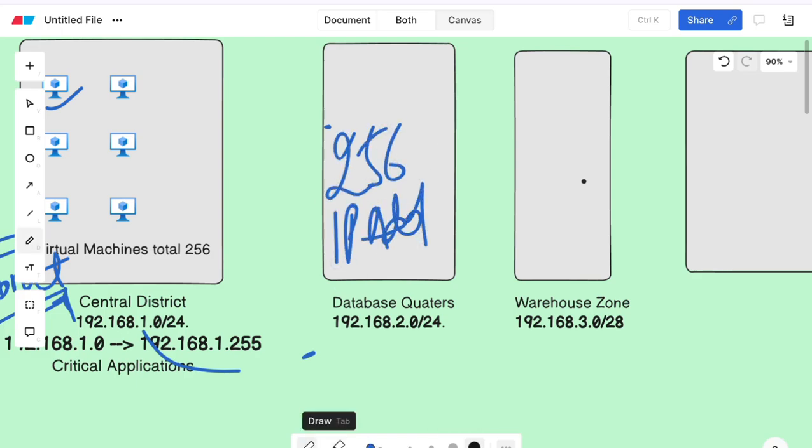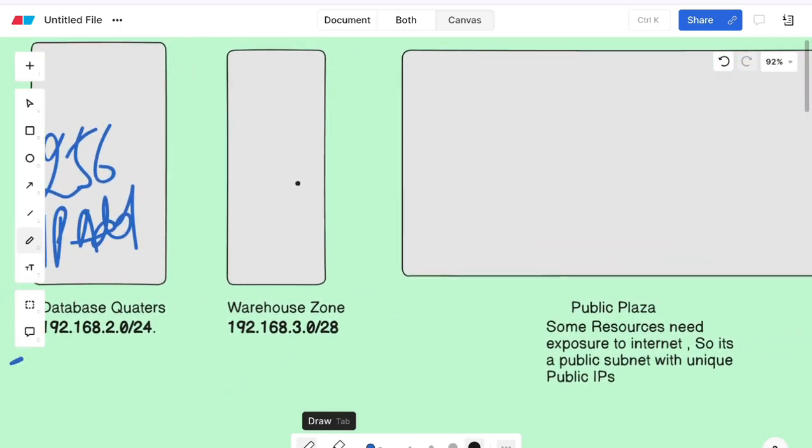Then he thought he would also create a data warehouse zone. In the warehouse zone he created the next IP range, 192.168.3.0, and then he gave /28. Now what is this 28?